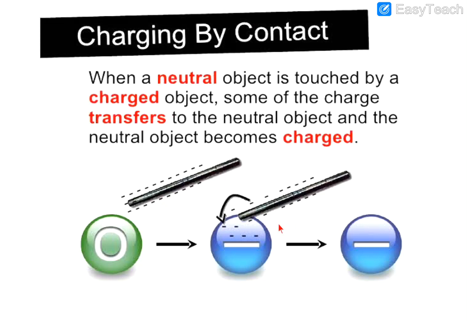Here you are not rubbing, you are simply making contact. In charging by rubbing, initially both the objects will be neutral, after rubbing both will get charged. In charging by contact your object is neutral, but the object you are bringing is not neutral, it is a charged object. So that is the difference between charging by contact and charging by rubbing.